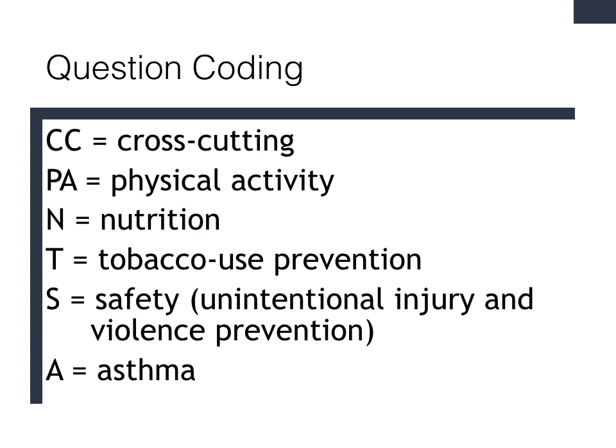So, as part of the questions in the School Health Index assessment, there are some what we would call cross-cutting questions. So, questions that might be related to a number of different areas within school wellness. The top 5 health topic areas include things like physical activity, nutrition, tobacco use and prevention, overall safety, and asthma.